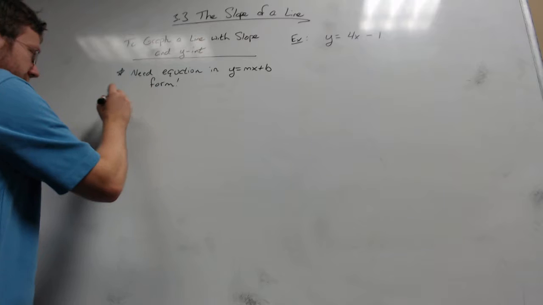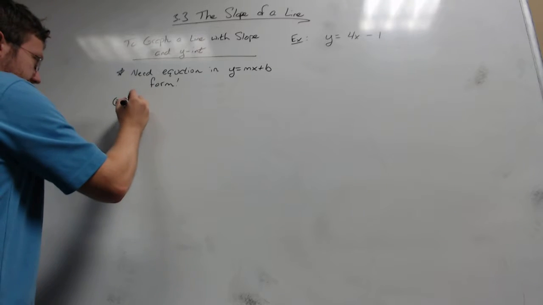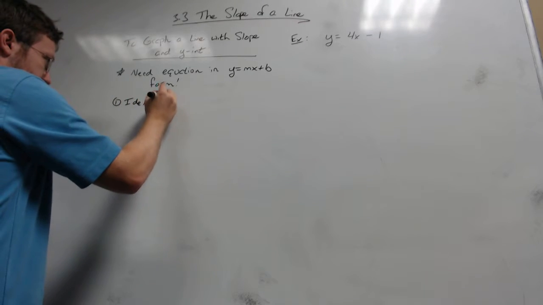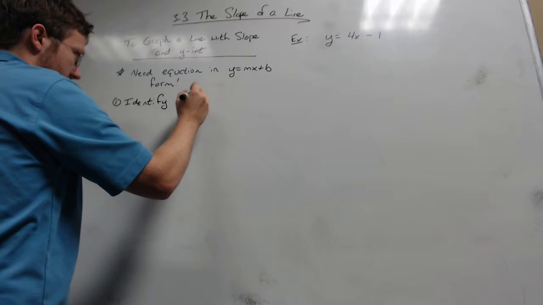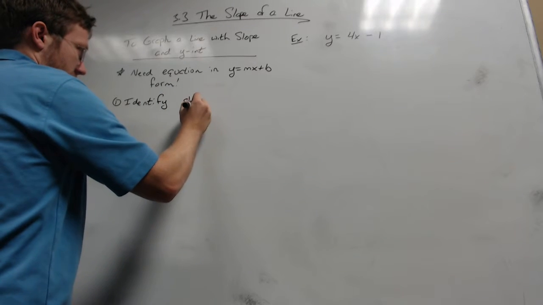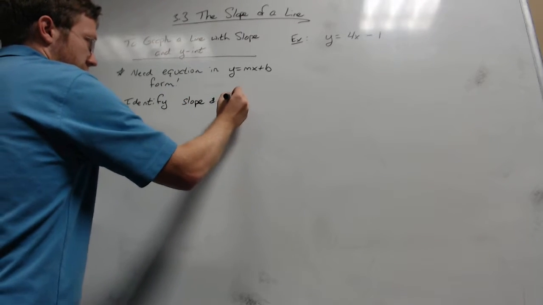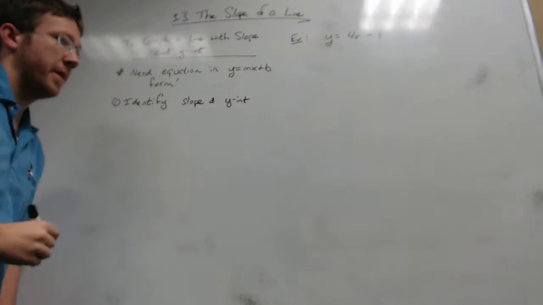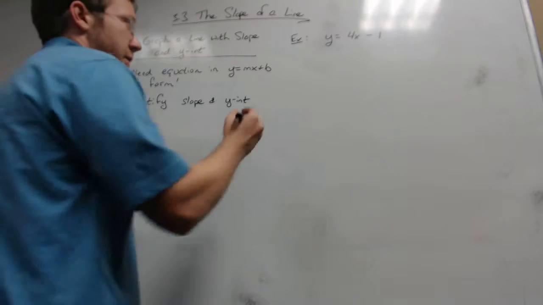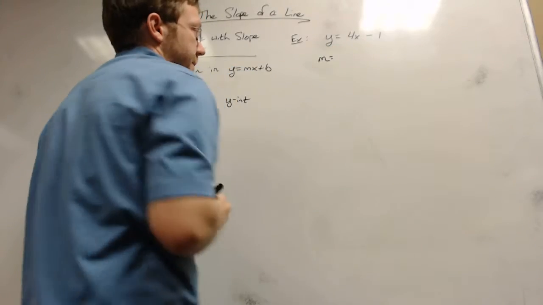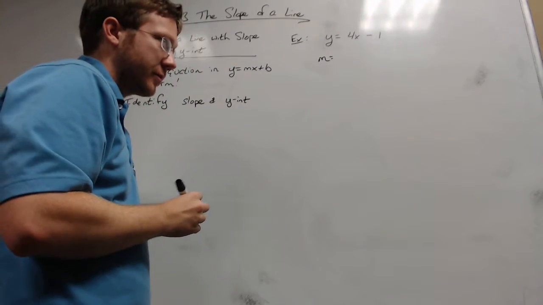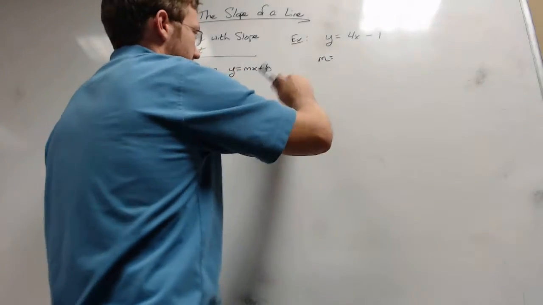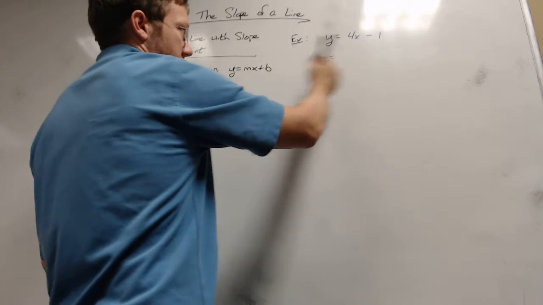So if it is in that form, that means first we can identify the slope and the y-intercept. Looking at our example, remember, m is our slope, so that's the coefficient, so our slope is 4.